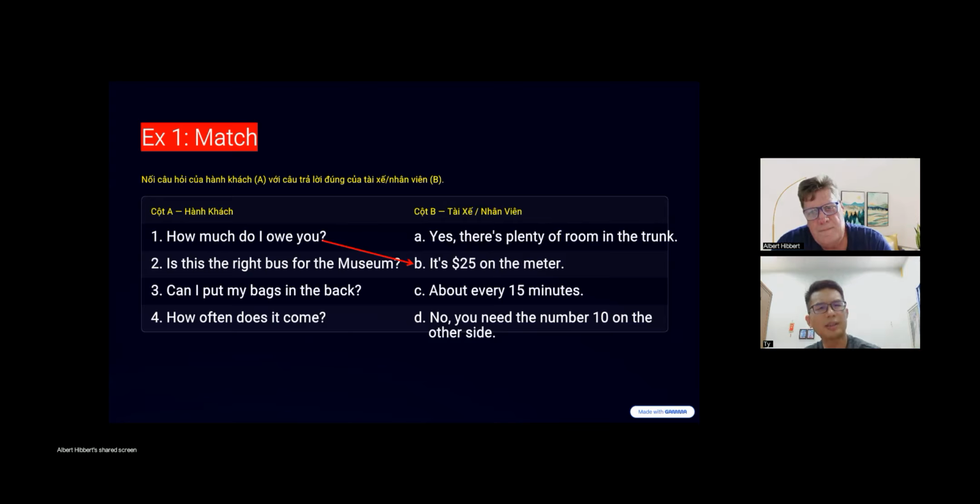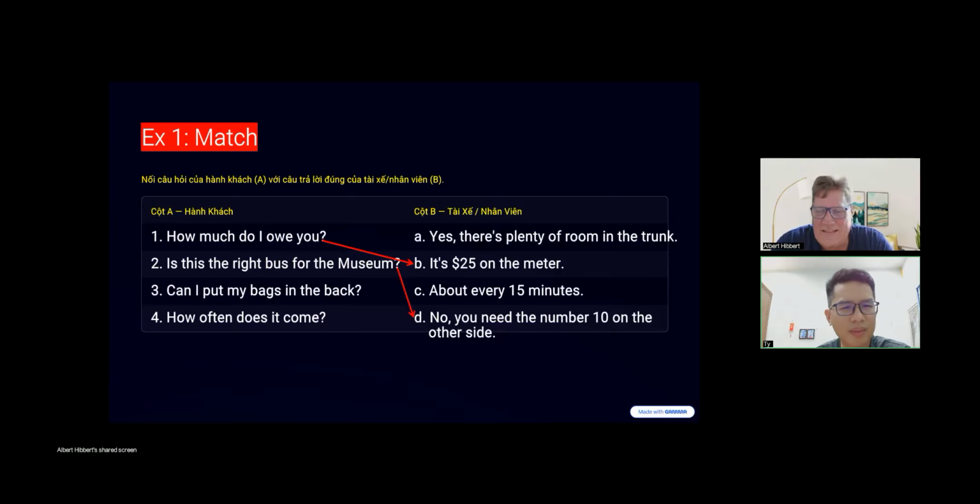It is the right bus for the museum. Is this the right bus for the museum? Yes. Very penny of you in the truck. No. You list the number. Okay. number 10 on the other side.